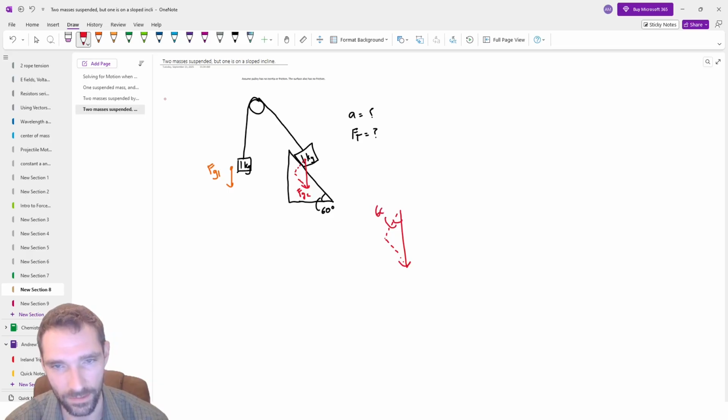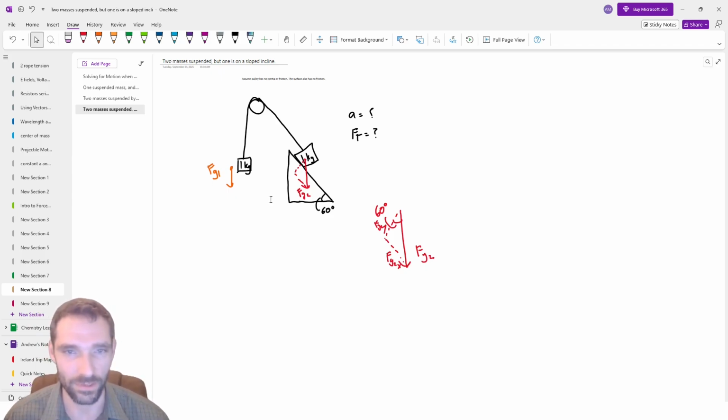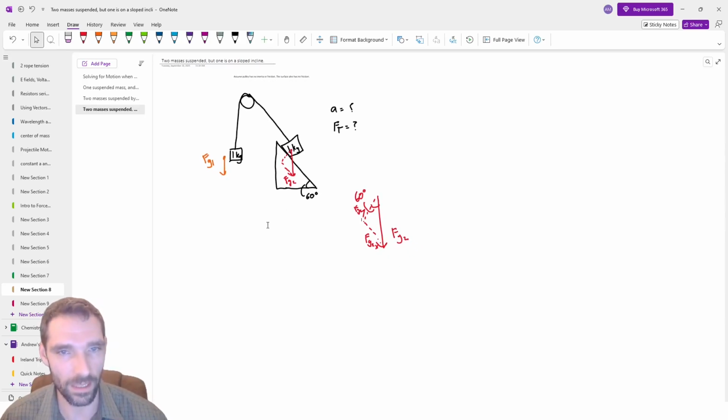So you can see your 60 degrees is about there in your triangle, and I've got this FG2. And then we can think about this as FG2 in its X direction and FG2 in the Y direction. This will be important because we're going to need to use some trig functions to relate the actual magnitude of these forces. So for FG1, it's pretty straightforward.